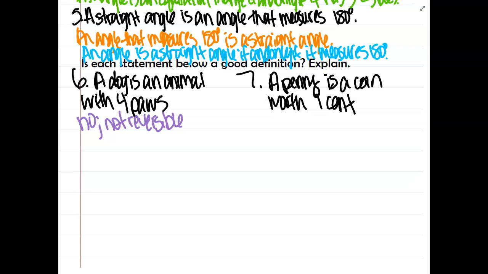Doesn't say a penny is a coin that's worth some money. Okay, no. So it's precise, worth 1 cent. Reversible. What would this read if I reversed it? A coin worth 1 cent is a penny. Now, is every coin that's worth 1 cent a penny? Yeah. So, yeah, it is a good definition. So we'll say yes, and we could say it is reversible.